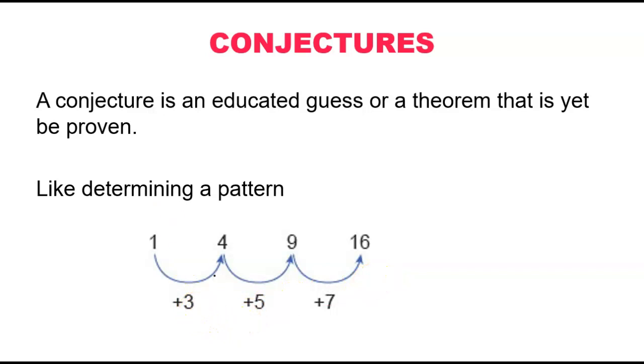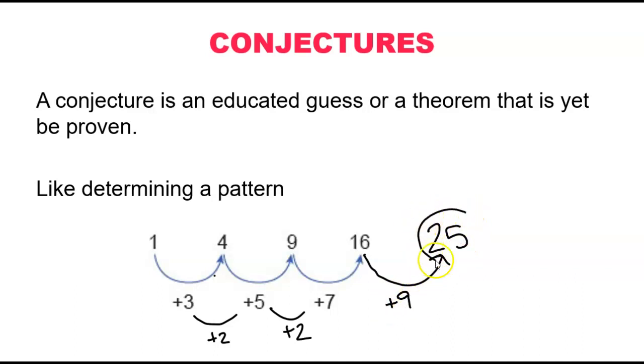So these are increasing by 2 each time, right? So the difference to this next number is going to be plus 9. So 16 plus 9 would get me 25. So our conjecture is getting that number, but our reasoning would be deductive reasoning by looking at the numbers, looking at the pattern and proving that this is the pattern, this is what's happening every time.